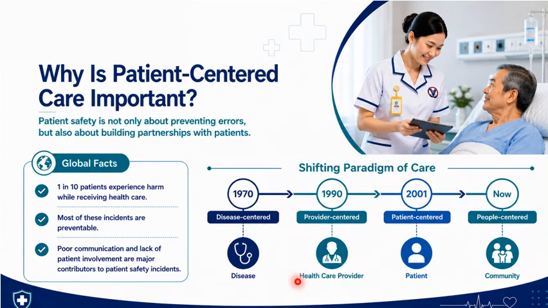So as we talked about previously, we see the shifting of paradigm in care from disease-centered care to provider-centered care to patient-centered care, and now recently to people-centered care. So it's no longer only the patient, but also the community, where the family is also involved.